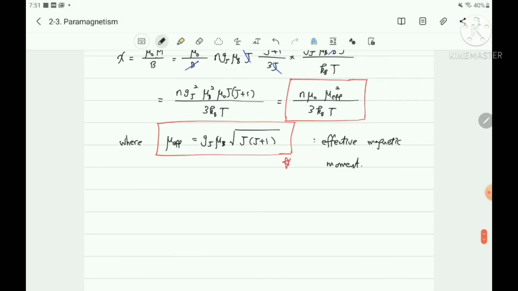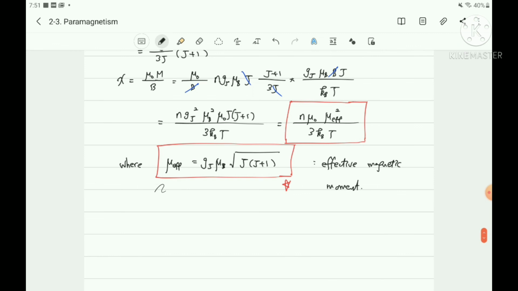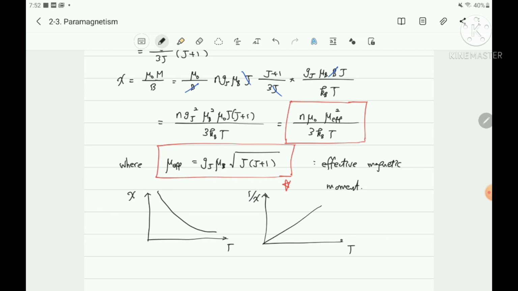from the measurement in experiment you can measure the magnetic susceptibility as a function of temperature. Then it should have the 1 over T dependence. Then you can plot 1 over chi versus temperature, and there should be a linear behavior.